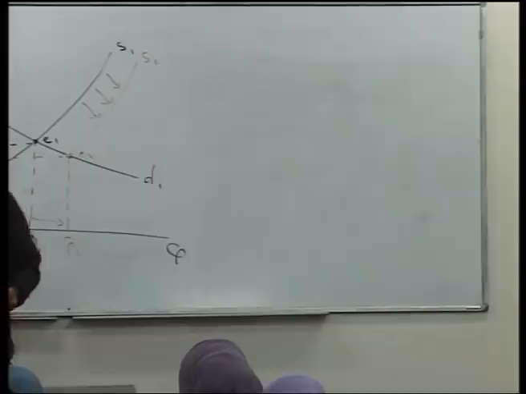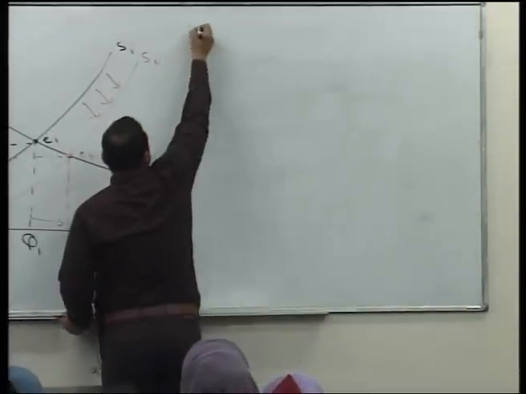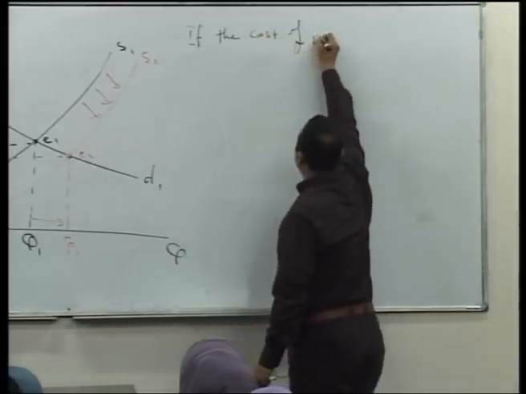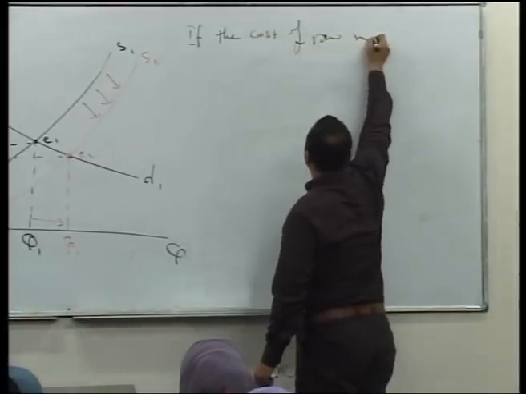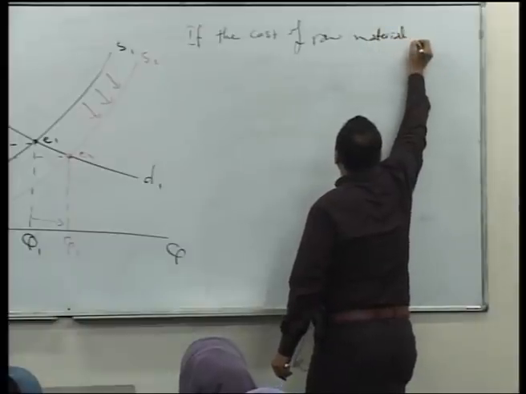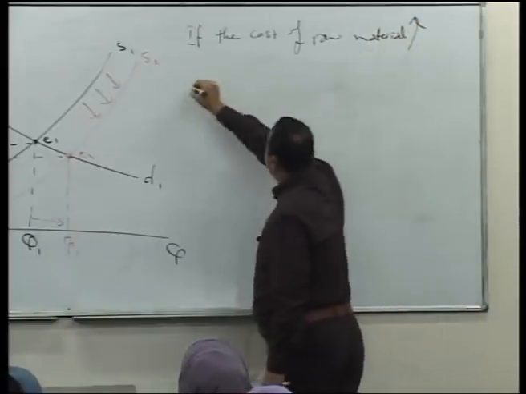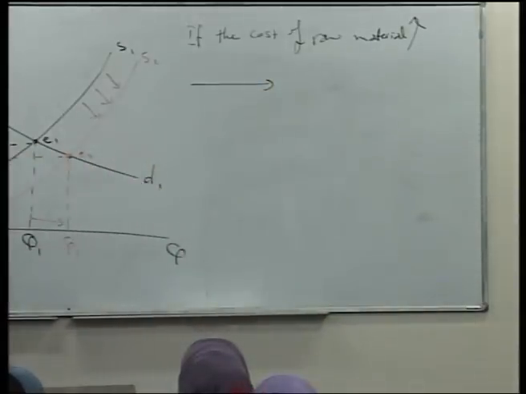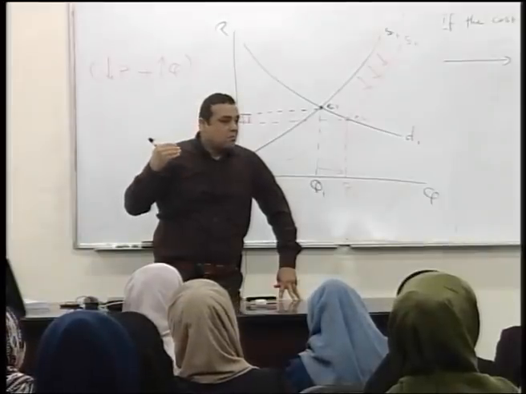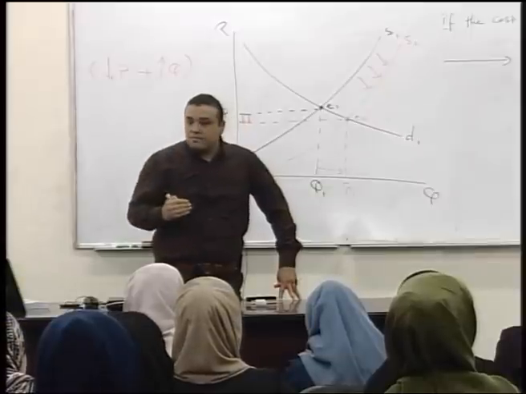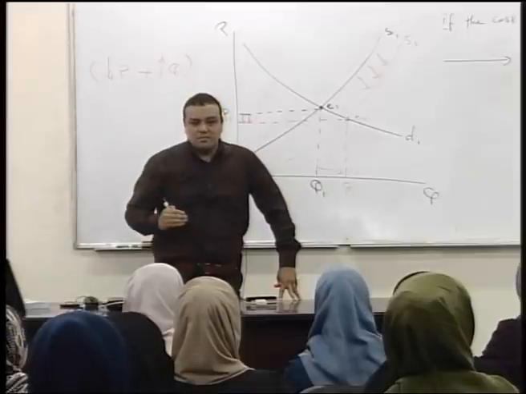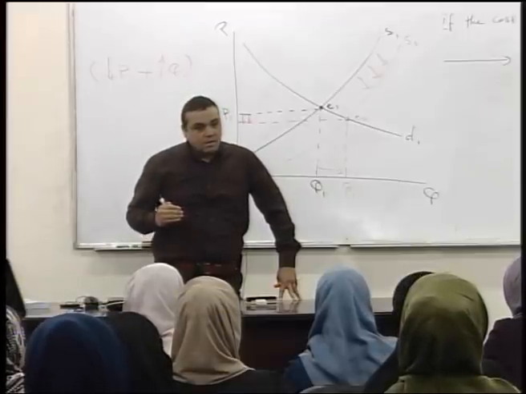If the cost of raw material increases, this means that the production of shoes becomes more expensive. The producers will gain less profits. صح؟ What will happen?